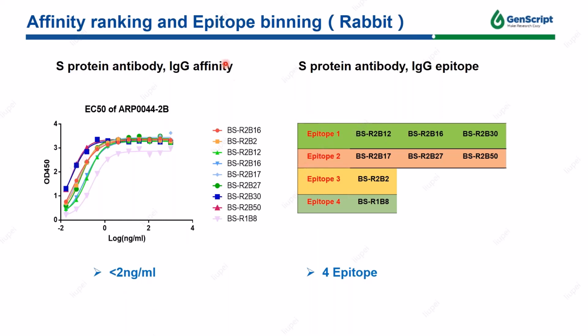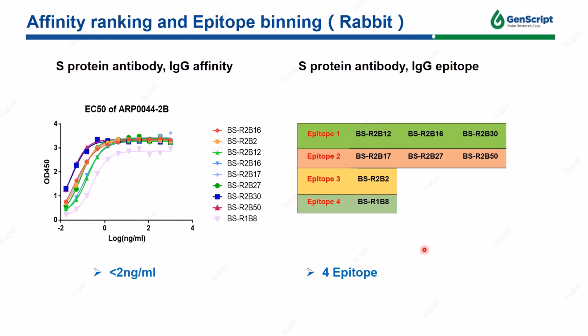These are S protein antibodies from the rabbit, based on the Beacon platform. These antibodies have a higher affinity and also diversity. Often, the affinity constant determines the potential sensitivity of the assay.